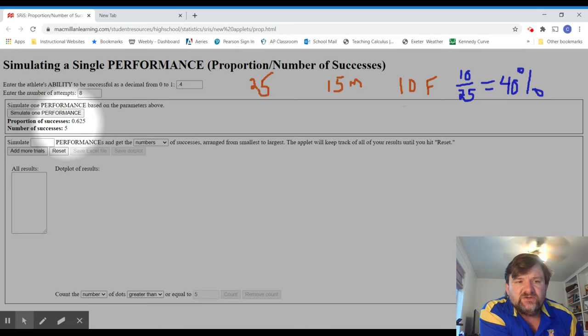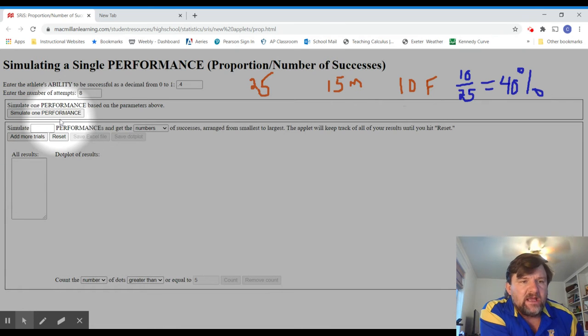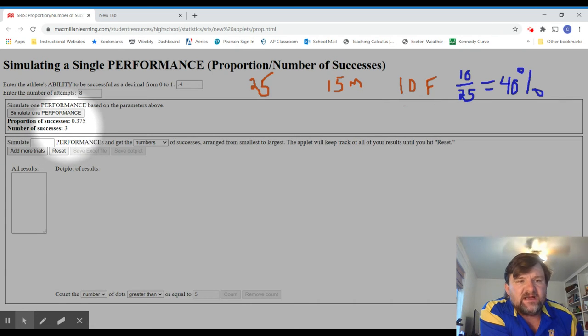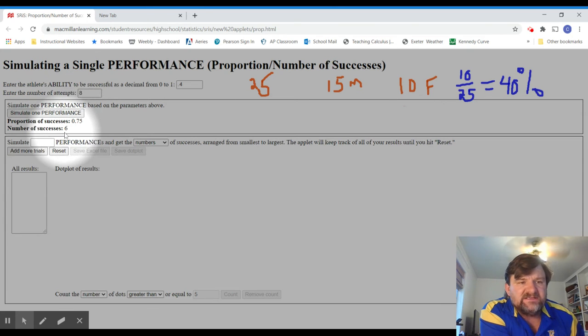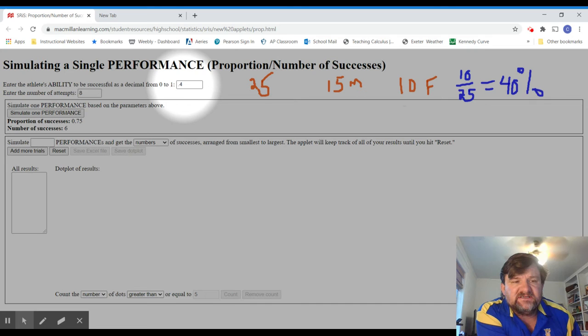If I click it again and simulate a performance, that time they chose 3 out of 8. And if I reset it and hit this again, they got 6 female pilots out of 8. So it's random because it's just randomly choosing whether it's a success or failure, and remember, they only had a 40% chance of a success.